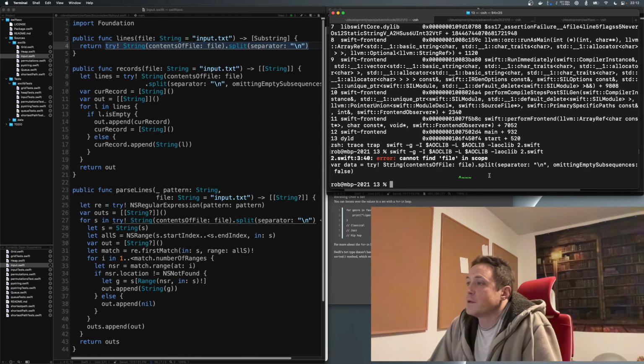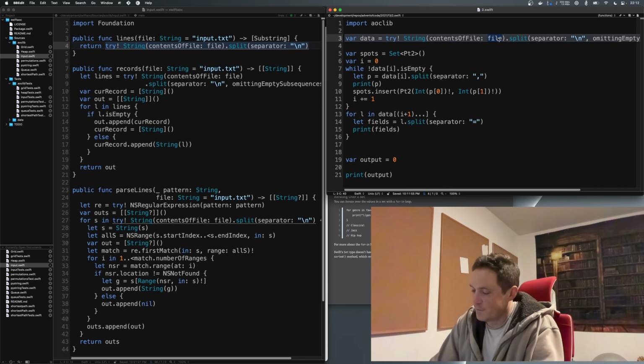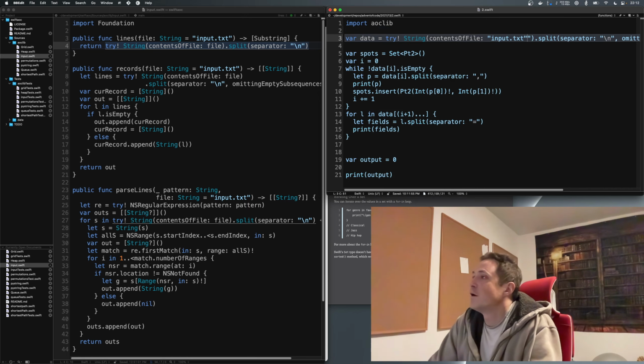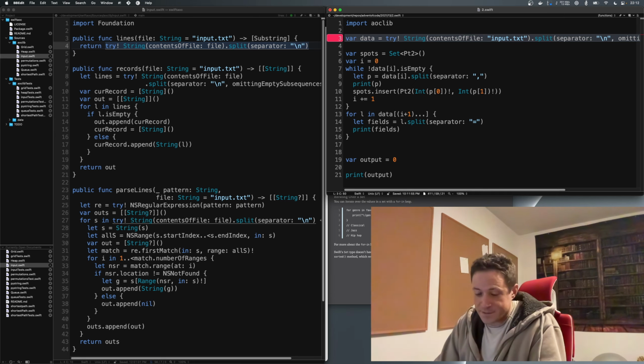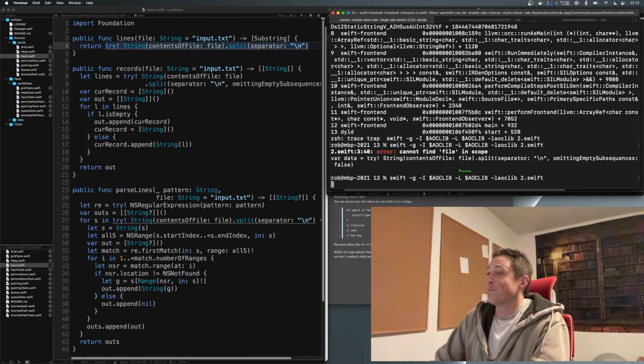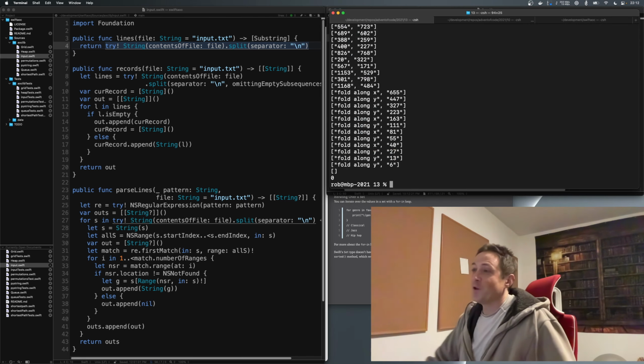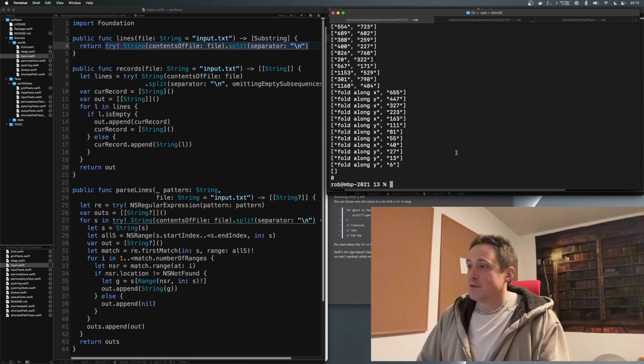Oh, cannot find contents of file. We're going to spend 15 minutes, 15 minutes parsing this trivial stuff.